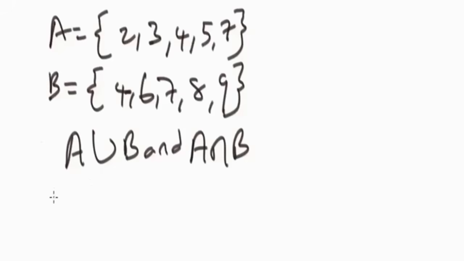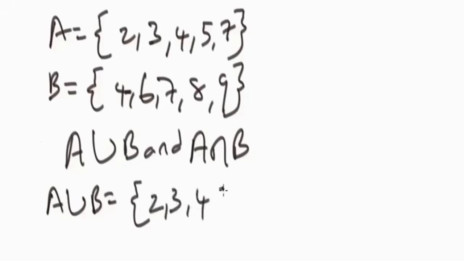Okay, so let's do it together. Our A union B will be all the elements in both set A and set B, arranging them in ascending order. So when you do it, you have something like this: 2, 3, 4, 5, 6, 7, 8, and 9.